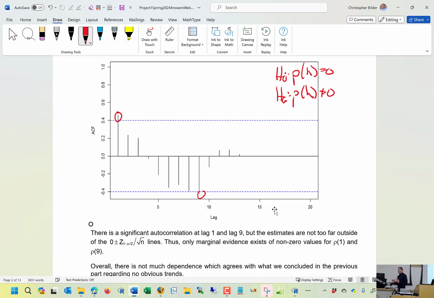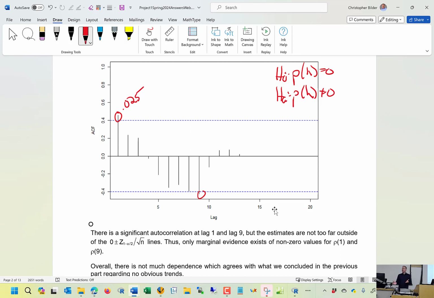But we can see that these estimated autocorrelations are not too far outside. And in fact, for, I think it was part D, you found the p-value for this particular lag to be 0.025. So if I were to choose 0.01 as alpha instead, well, that dotted line will be above where that estimated correlation falls.